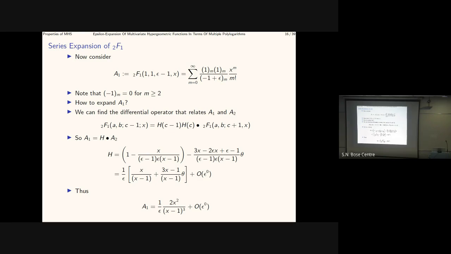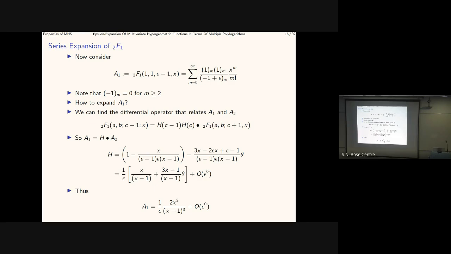So how do you expand it? The strategy I have taken is: you first find a differential operator that will relate the problematic hypergeometric function with a simplified hypergeometric function.